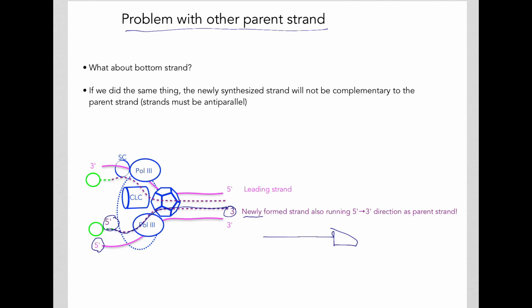The newly formed strand is running 5' to 3', but the parent strand that is being copied is also running 5' to 3'. So these are parallel strands. That's not possible. We cannot have parallel strands. We must have anti-parallel strands. So this means the strategy to copy this strand would be different from copying the leading strand. So let's see what happens.